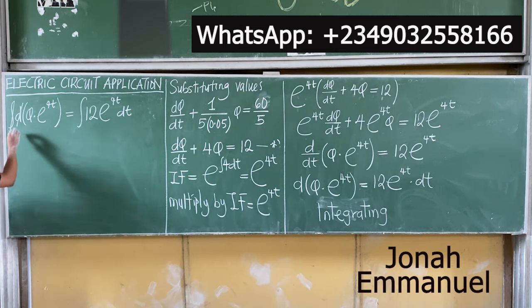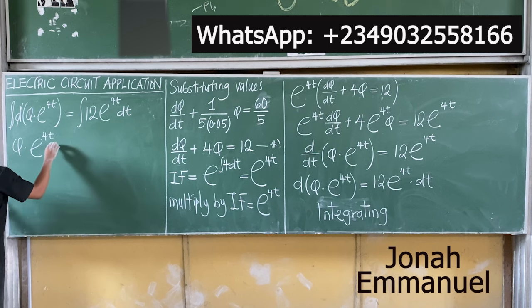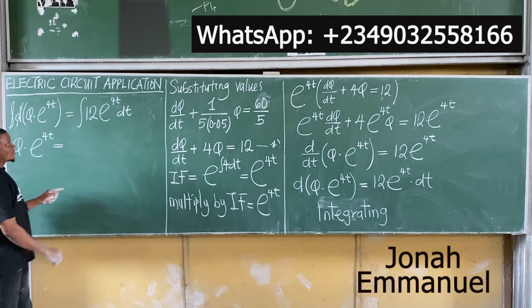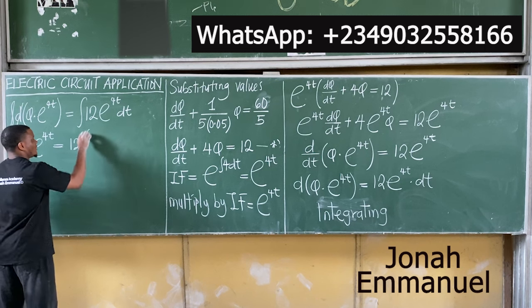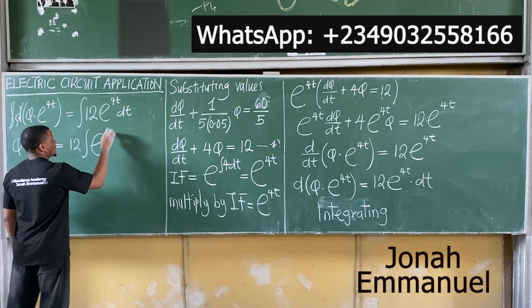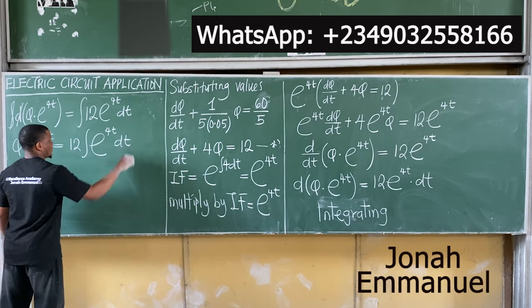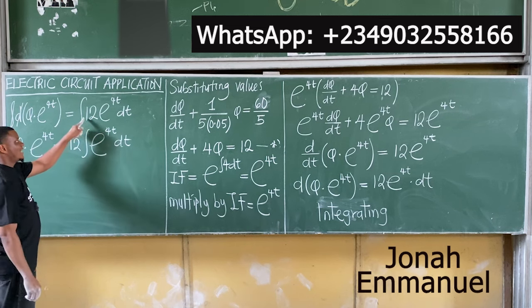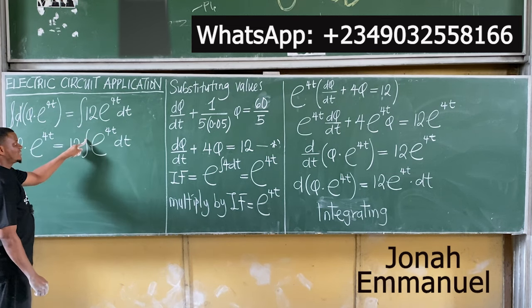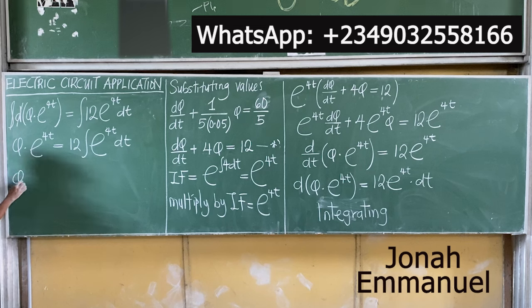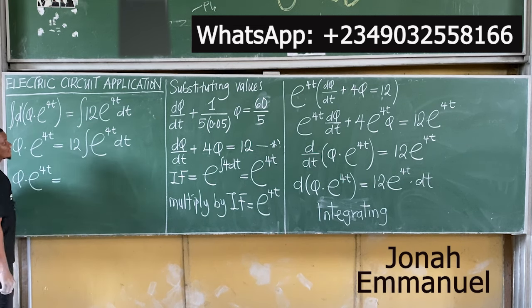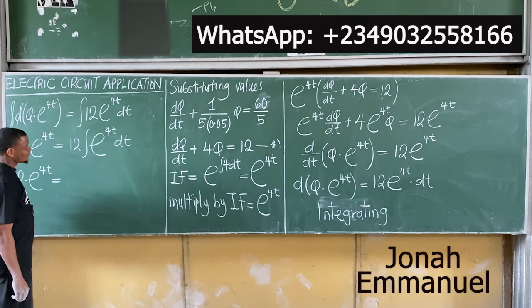The integral cancels the differential. You have q times exponential 4t. It's equal to, moving 12 outside the integral sign, 12 times the integral of exponential 4t dt. So you're moving the constant outside the integral sign.